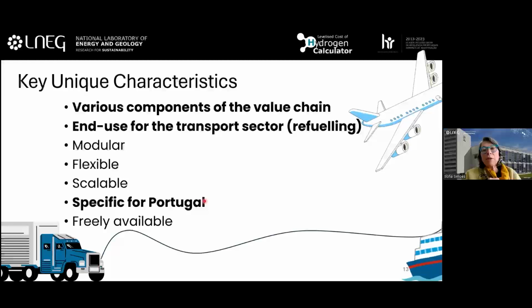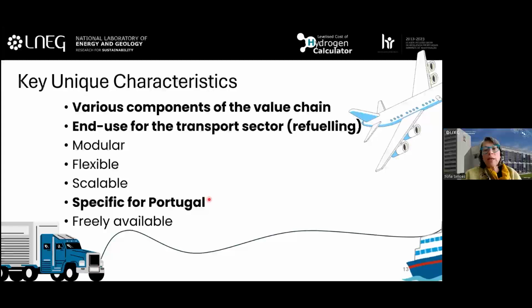It is the first levelized cost of hydrogen tool that we are aware of that includes the various components of the value chain. Most of the ones we know only consider the production of hydrogen. We go all the way to getting hydrogen to the end user, although our end user is the transport sector. And actually the refueling station, so to fuel the cars.